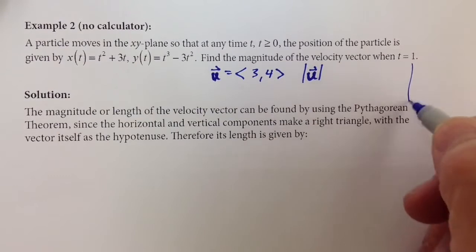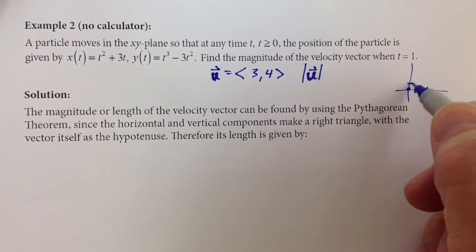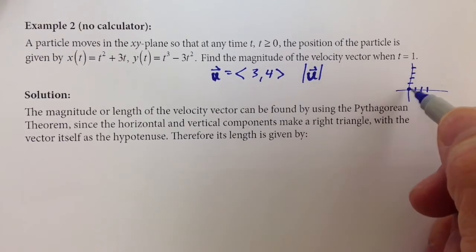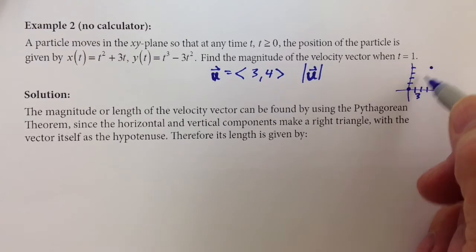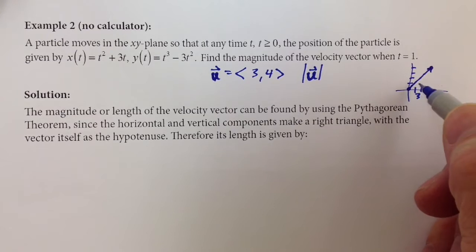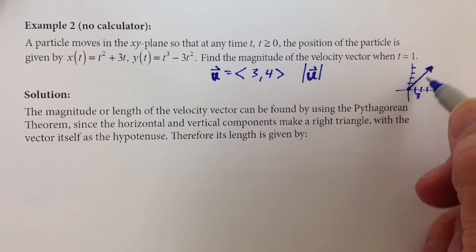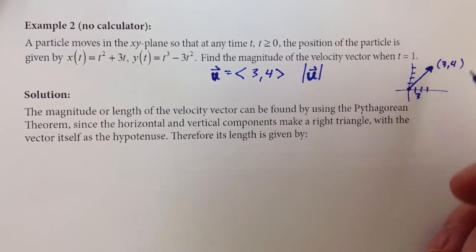That means if you start at 0, you go over 3 and you go up 1, 2, 3, 4. Or if you start anywhere, you go over to the right 3 and you go up 4. The tail of the vector is at the beginning and the tip of the vector is at the end, at the coordinates, let's say 3, 4.